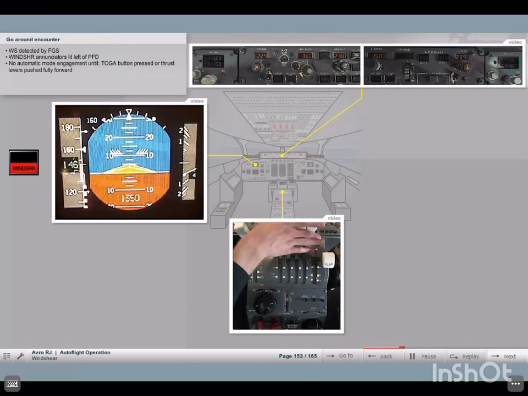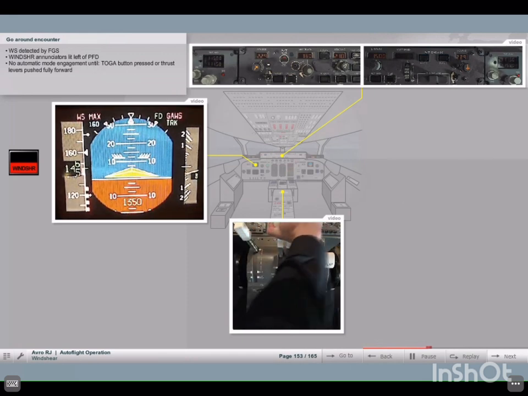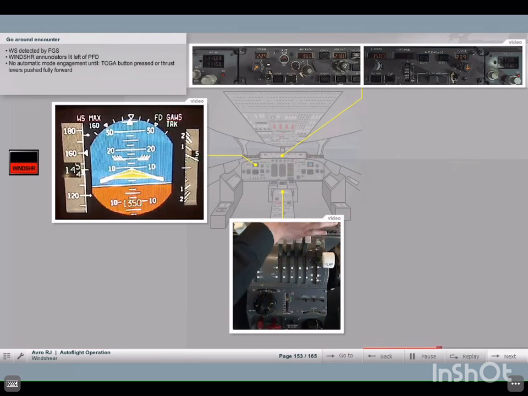Wind shear, wind shear, wind shear. The FGS is in the go-around mode enabled state. There is no automatic activation of recovery guidance until a toga button is pressed or 3 thrust levers pushed fully forward.